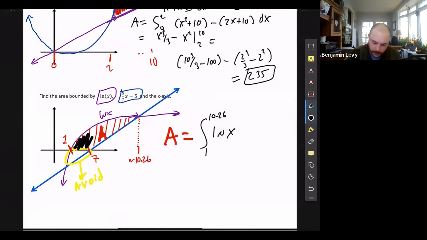That would include all this stuff over here too, right? It would be all of that. And so what do we need to add to this to sort of fix it? Right, we want to get rid of this piece. Anyone?